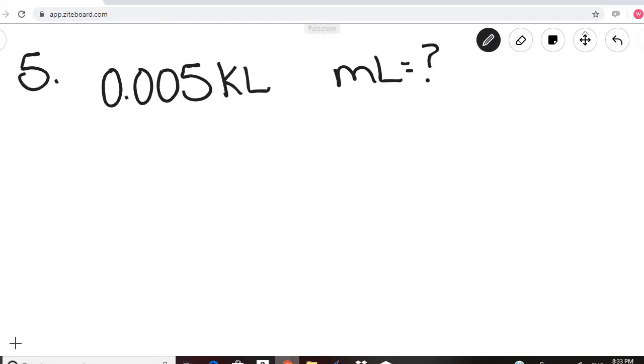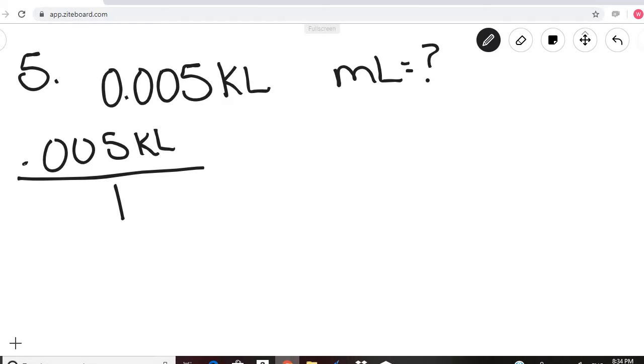Okay, so 0.005 kiloliters, we'll put that over 1. And to get from kiloliters to milliliters, we have to first go through liters. So we know we want to end up with liters in this step, and we want the kiloliters to cancel.